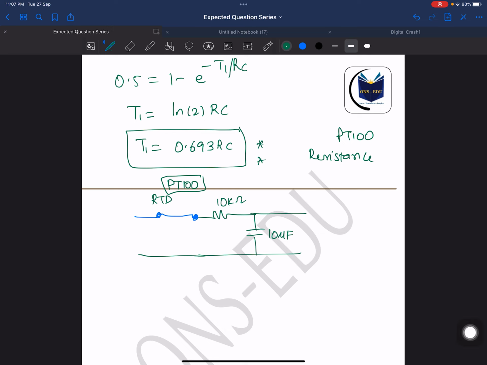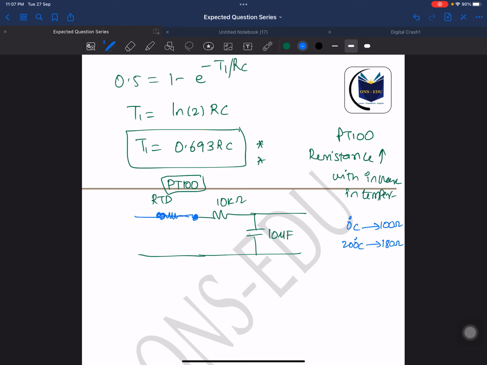The resistor is designed in such a way that at 0 degree centigrade the value will be 100 ohm, and around 200 degree centigrade it is around 180 ohms.